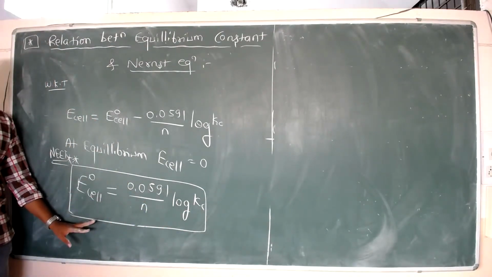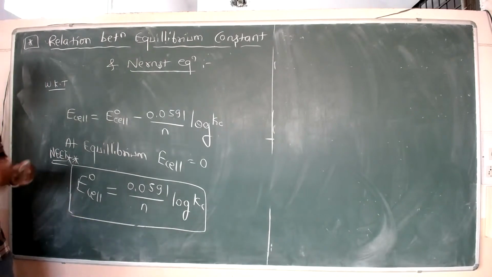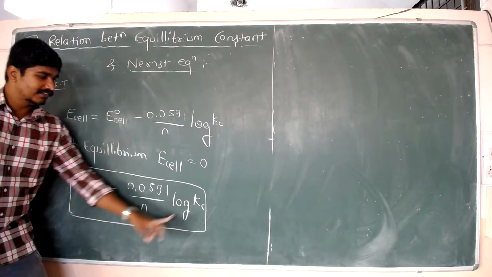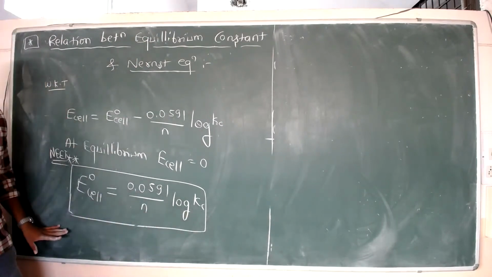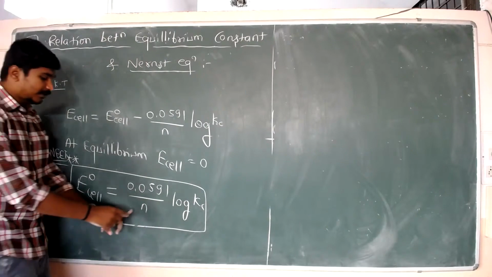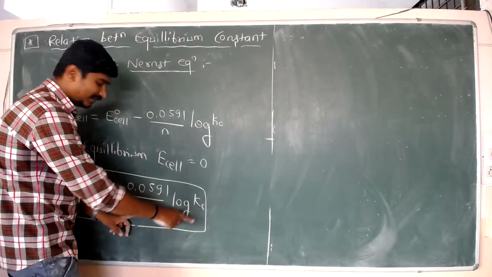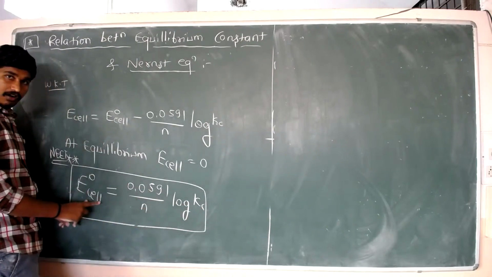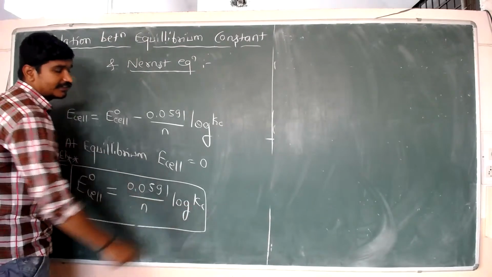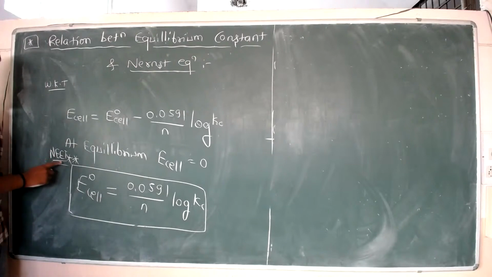If they give the E naught cell value and n value, you can easily calculate the Kc value. They give two things, and one thing you have to calculate. It is very important for solving NEET or JEE questions.